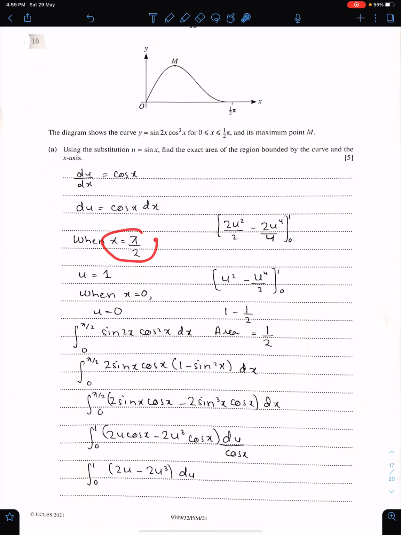So when x is pi by 2, with the help of this equation we can get the value of u. U is 1. When x is 0, then u is also 0. Now this is the area formula, lower limit, upper limit, y dx.